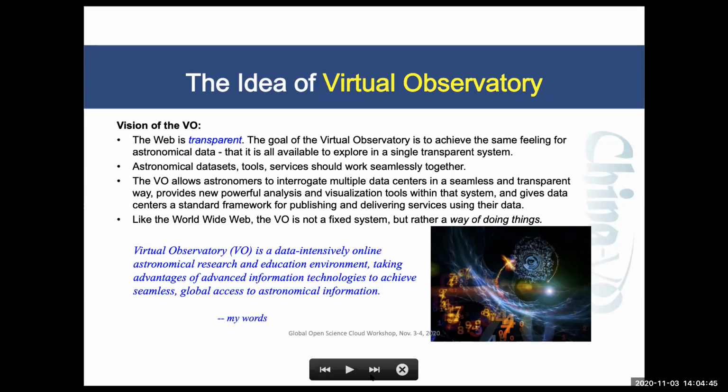So the VO will allow astronomers to interrogate multiple data centers in a seamless and transparent way, provide new powerful analysis and visualization tools within that system, and give data centers a standard framework for publishing and delivering services using their data. And like the WorldWide Telescope, the virtual observatory is not a fixed system, but rather a way of doing things.